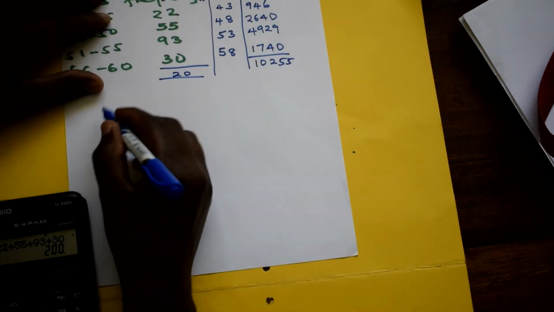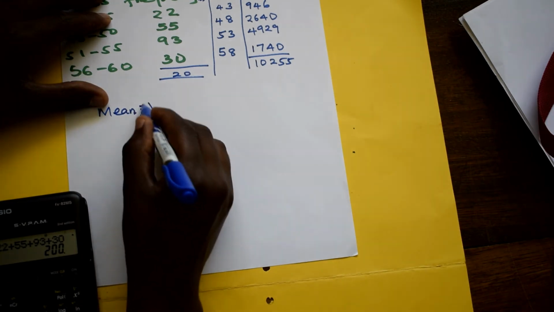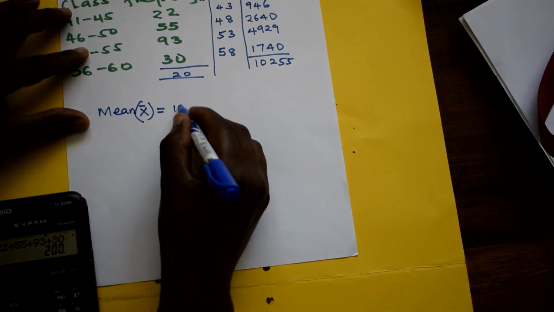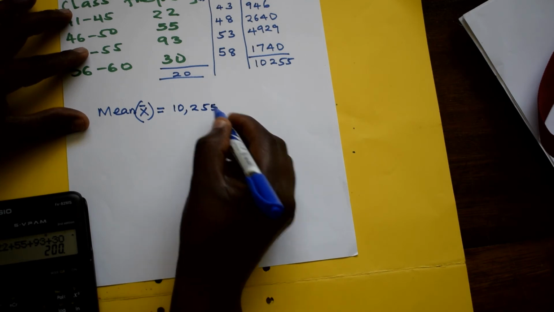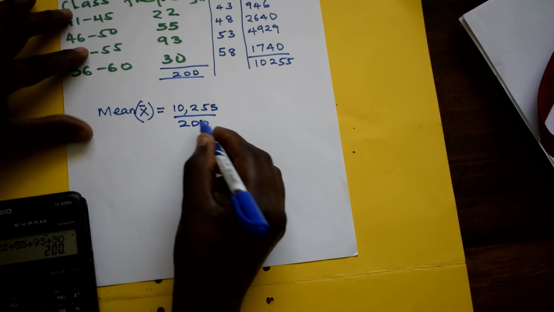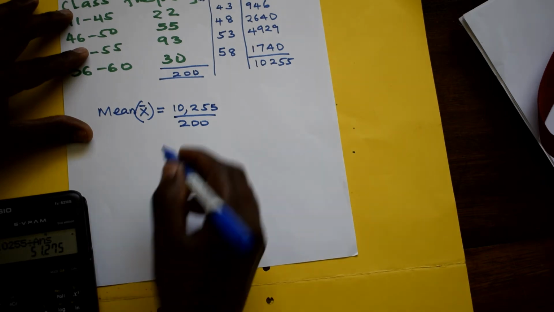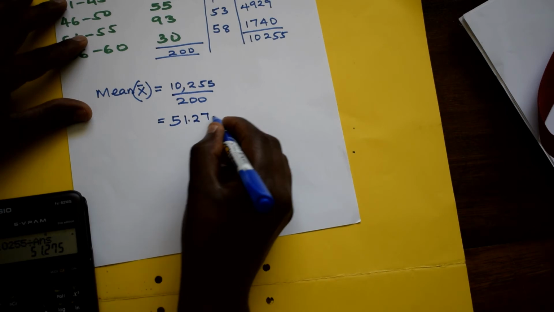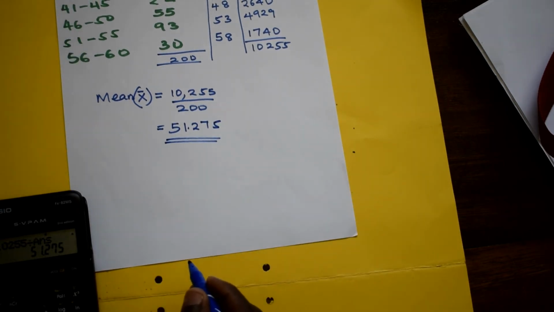So the mean, which is x bar, will be given by the sum of fx, which is 10,255, divided by 200. And this will give us 51.275.